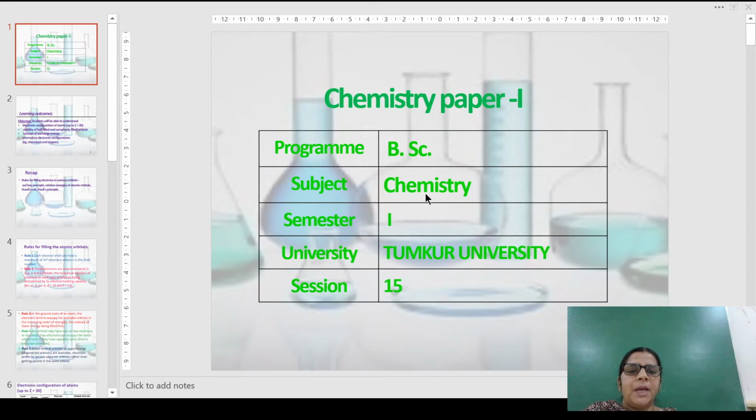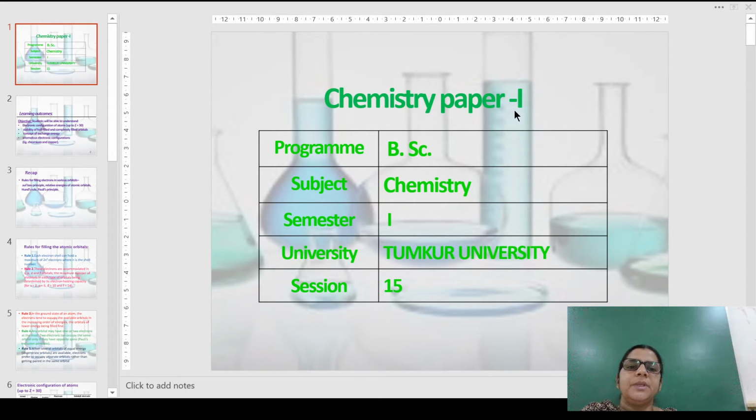Please remember, an electron shifts from the subshell of lower energy to a subshell of higher energy, and such a shift results in the orbitals of the subshell of higher energy getting either completely filled or half filled. For example, as I showed you, in the case of chromium, the electronic configuration is not 3d4 4s2, it's 3d5 4s1. So what is happening? One of the electrons from the 4s2 orbital gets unpaired and moves on to the 3d level.